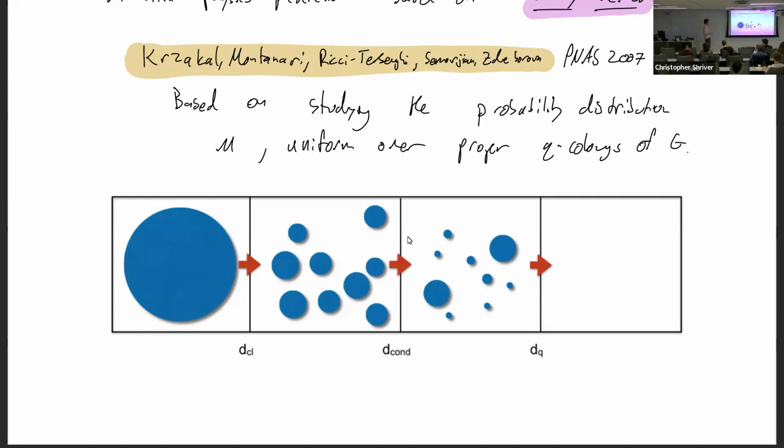But they all look roughly the same size. The important threshold for today's talk will be the next one, the condensation threshold. And it's at this point where a constant number of clusters actually make up almost all the colorings. So there you have a constant number, a random number of dominant clusters, and everything else is very, very small. And then, of course, there's the satisfiability threshold or the colorability threshold, where this set is empty.